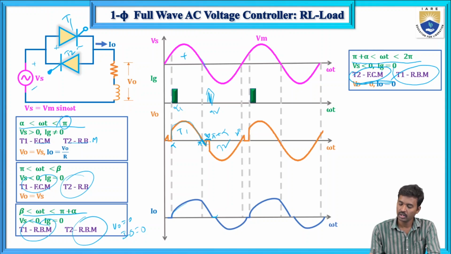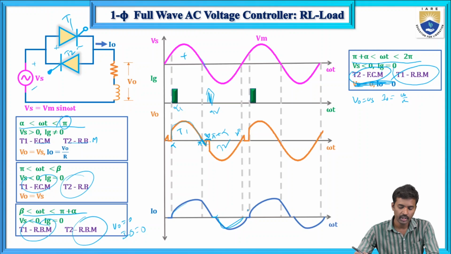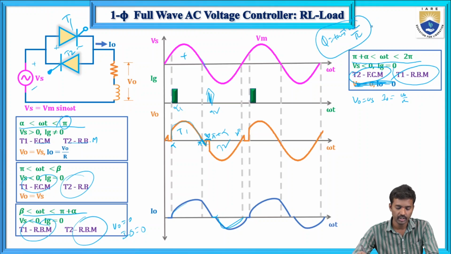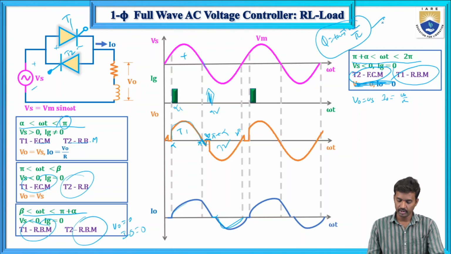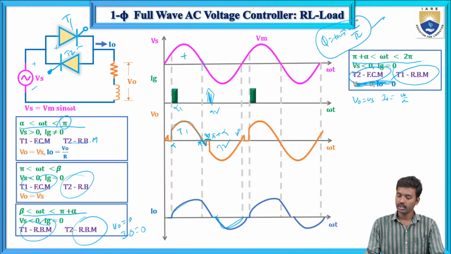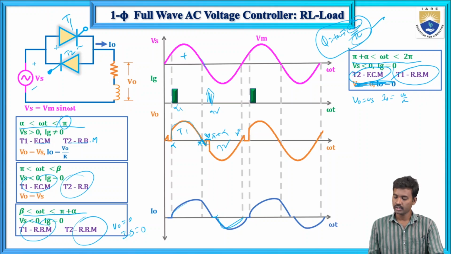In this case, output voltage equals Vs and I0 equals V0 by R. There is also an angle phi equals tan inverse omega L by R, which depends upon the inductive reactance and resistance.